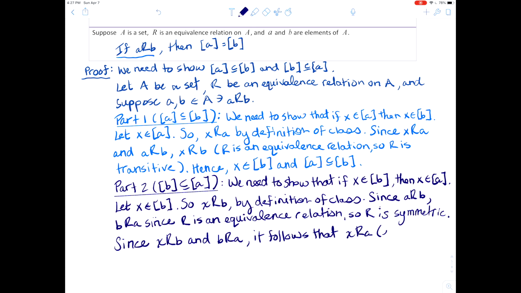And that's because equivalence relations are transitive. So x is an element of the class of a, right, by definition of class.